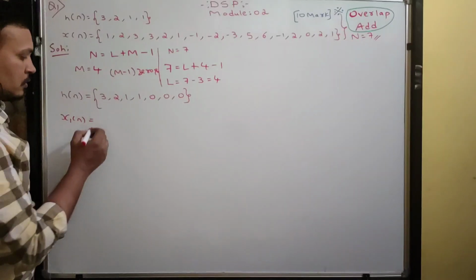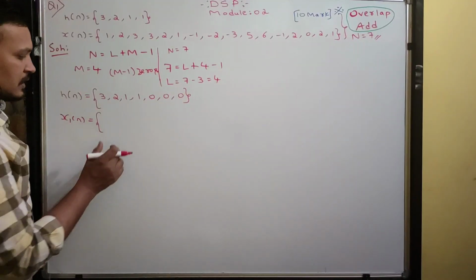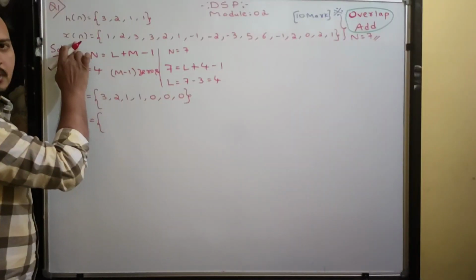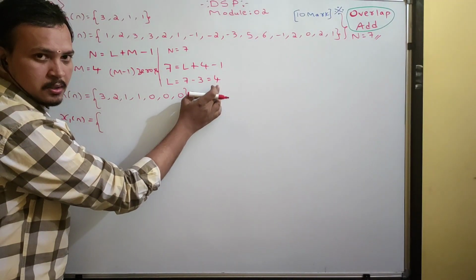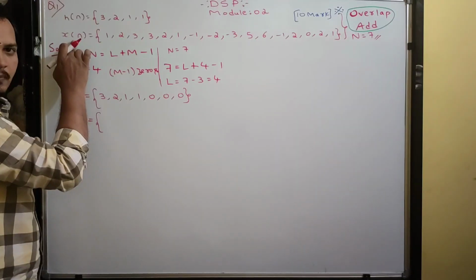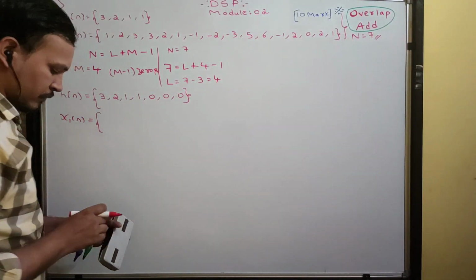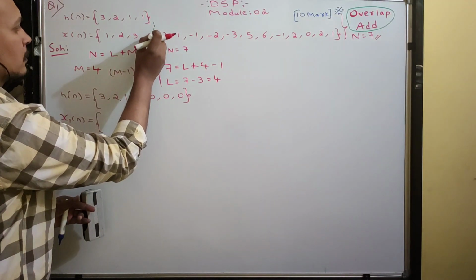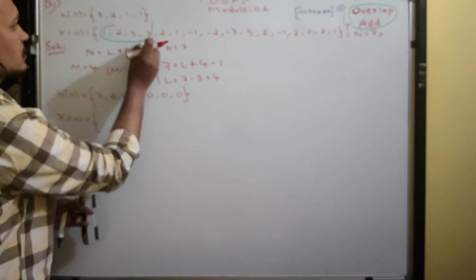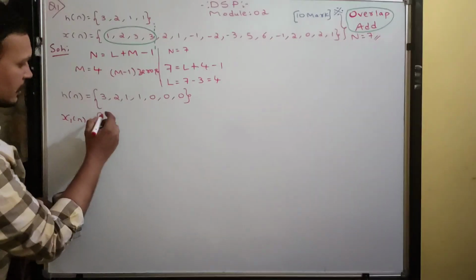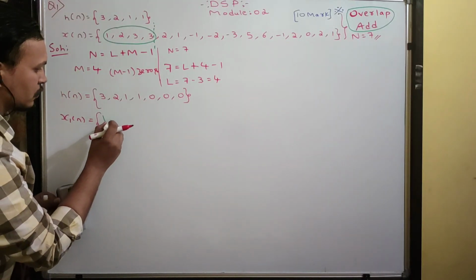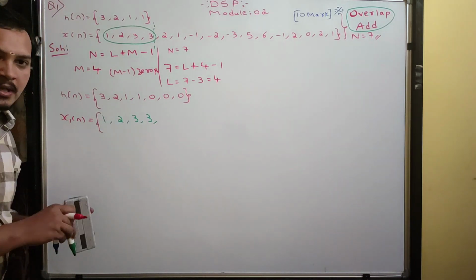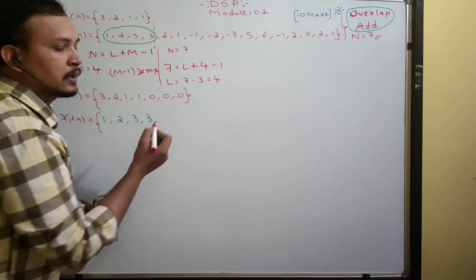Next, x1 of n. Starting, you should write the length of the block in the input. How many samples are there? 4 samples. You group 4 samples: 1, 2, 3, 4. Now select these 4 samples and write them here: 1, 2, 3, 3. That's it, because you need not take more than 4.